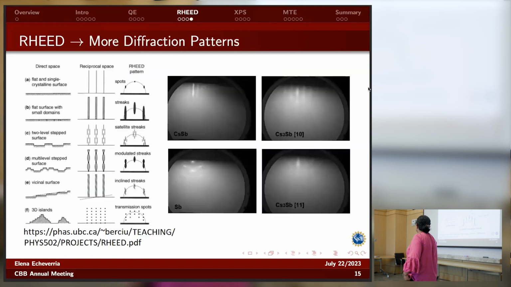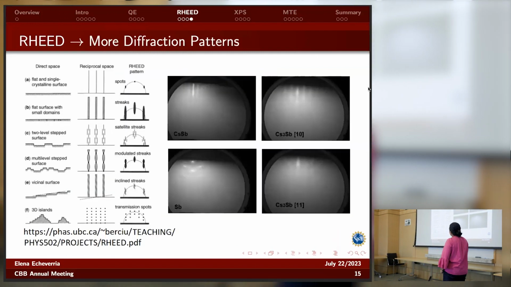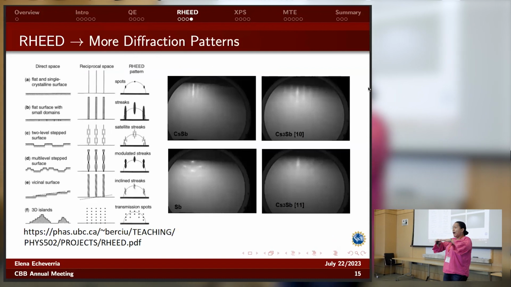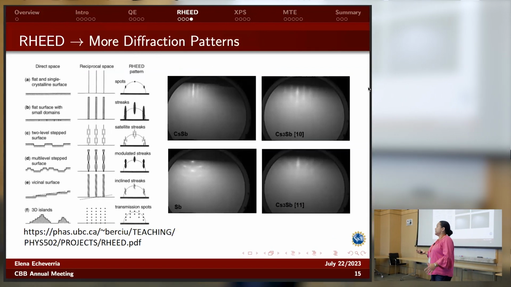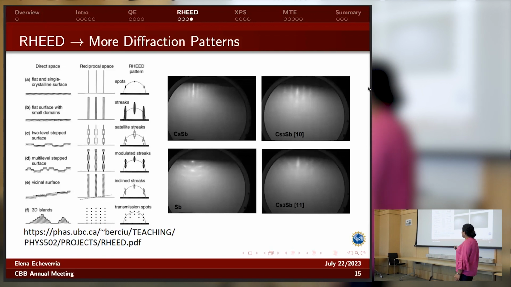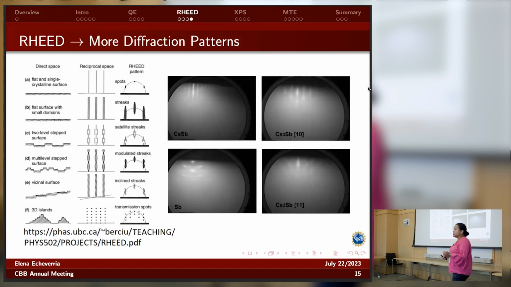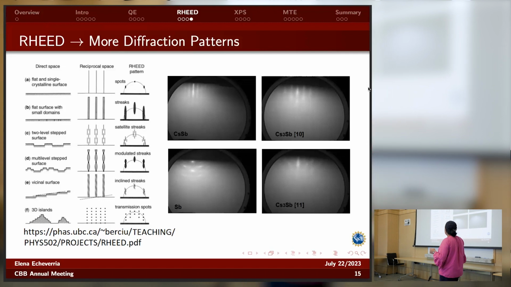But I also mentioned that this is surface sensitive. This is the reason: we will have different diffraction patterns depending on the surface of the photocathode. If we have a photocathode that is flat and single crystal, the reciprocal space will be really thin rods, and the pattern in the RHEED will be spots.